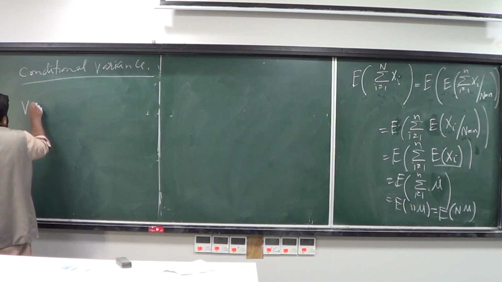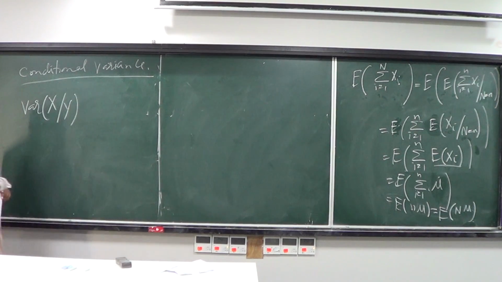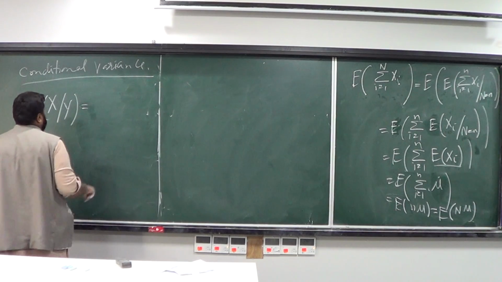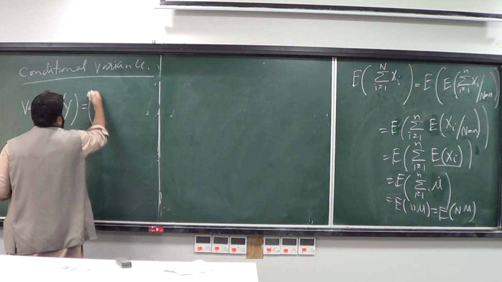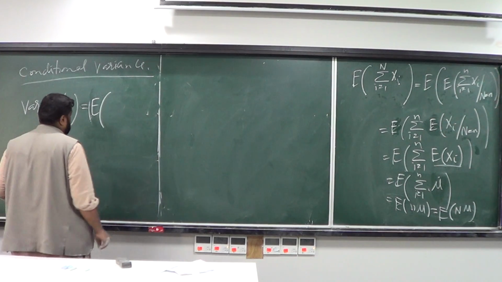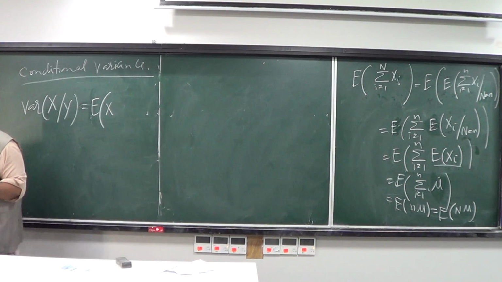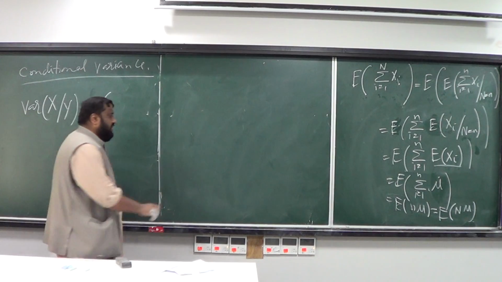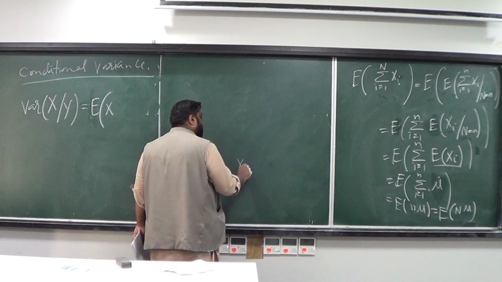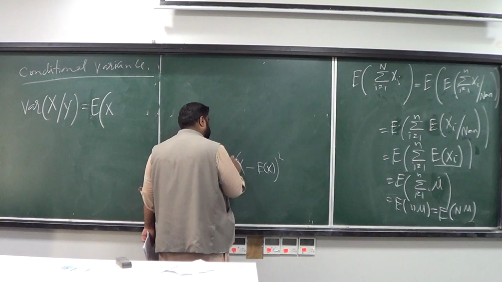So how do we define the variance of a random variable x given y? We define it as the conditional expectation of x minus its conditional expectation, squared. In simple variance, by definition, we say how much x varies from its expectation, its square and expectation.